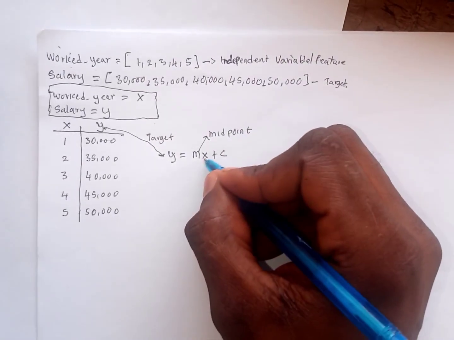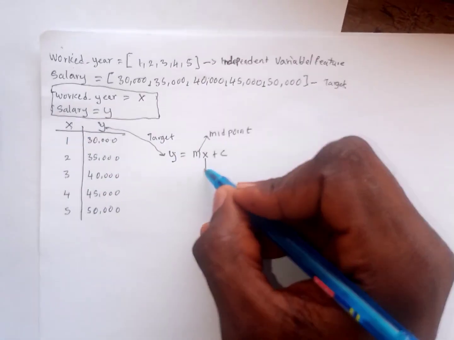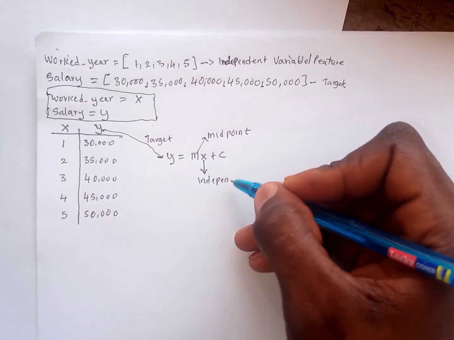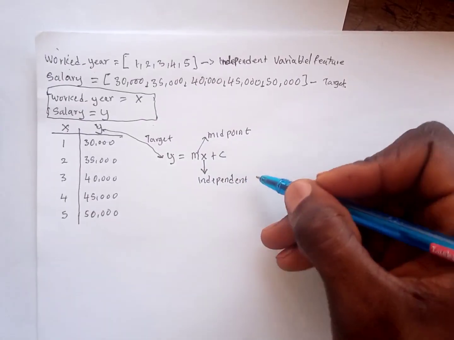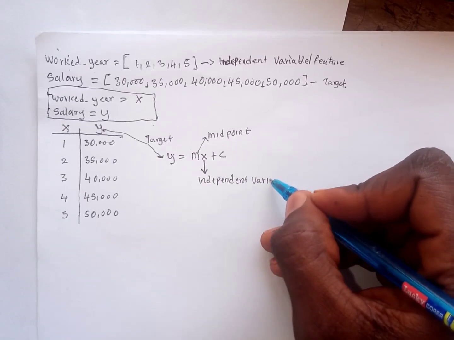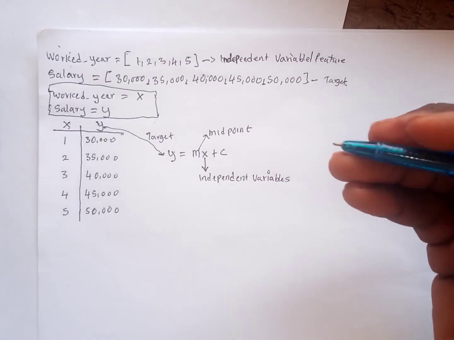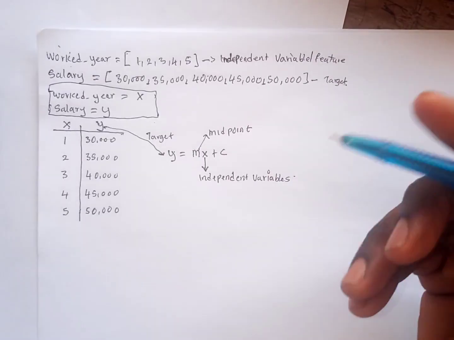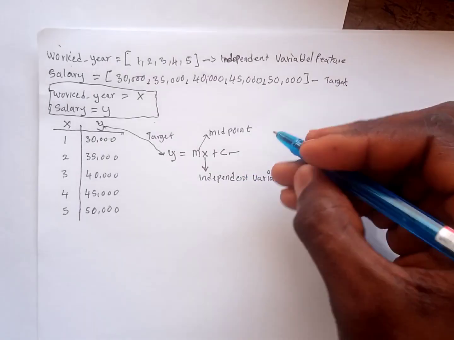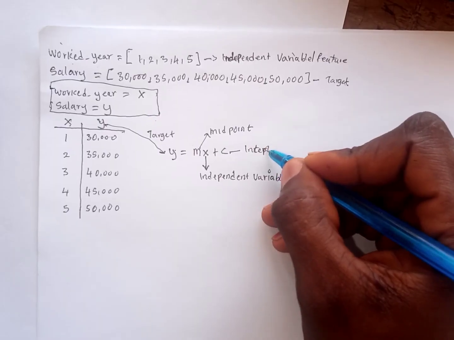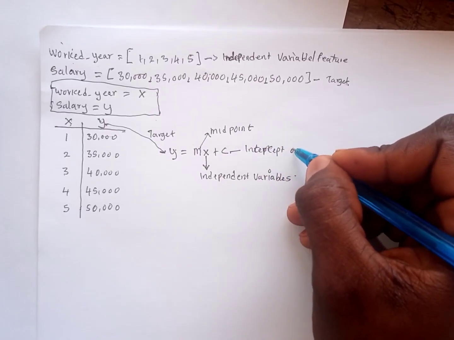For x, we have looked at it: it is the independent variables, or things that can lead to that event to happen, or I can call them features. And c is the intercept of the line.